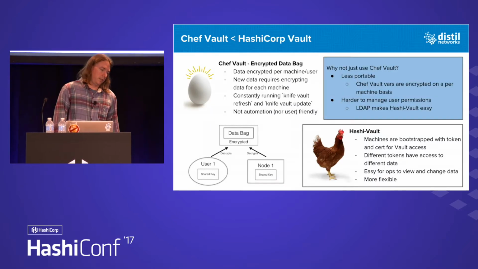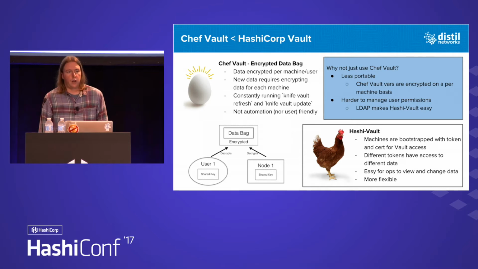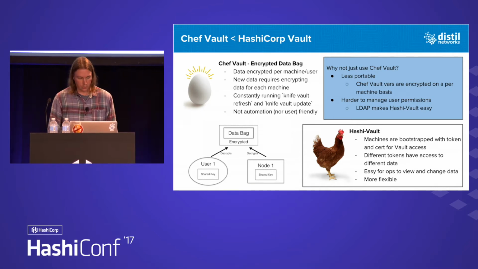OK, so I mentioned this a little bit, but I want to go over why Chef Vault is so much worse than HashiVault. So with Chef Vault, everything is encrypted for particular machines, right? So in order to view a secret that's saved in Chef Vault, you need to be on the list as a user to read it, or you need to be registered as a machine that can decrypt that particular secret.